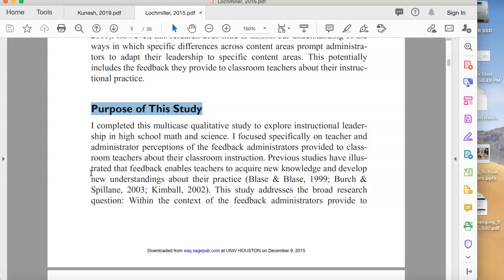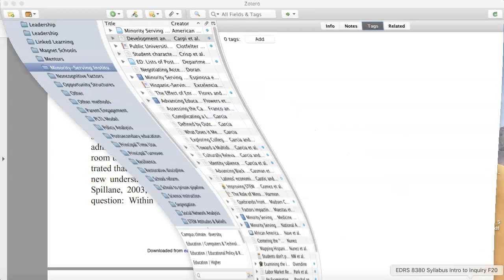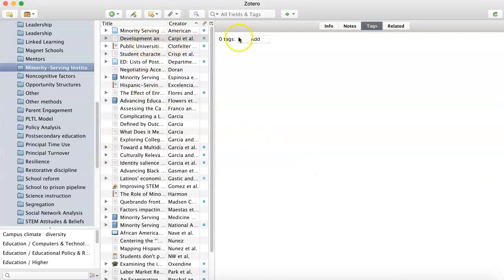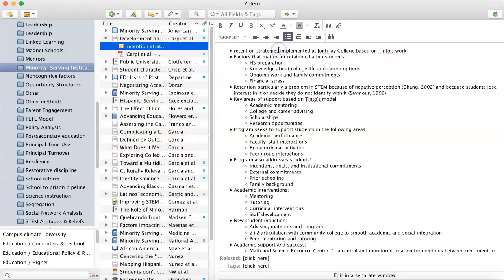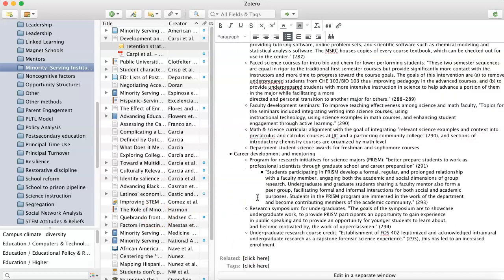When you are thinking about how to translate this reading into notes, I encourage you to use headers and outline. For example, I'm going to pull up my Zotero again. Here are those notes that I was taking. You can see these notes have some of the background, and then I have some headings that I've borrowed probably from the article, and I start to fill in information from the article.